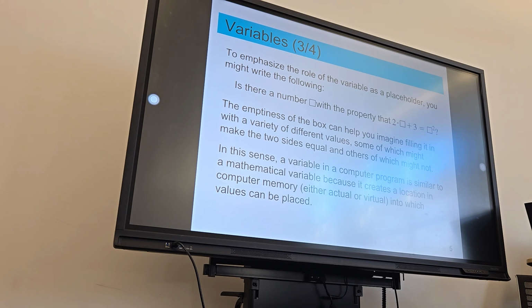So that's the first use of a variable, in particular in programming. It's a placeholder to hold a value that may or may not change or may have multiple values.